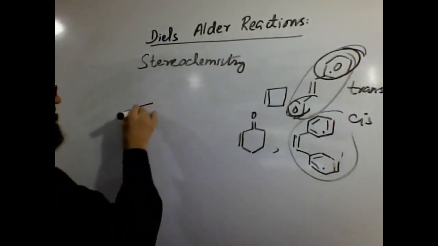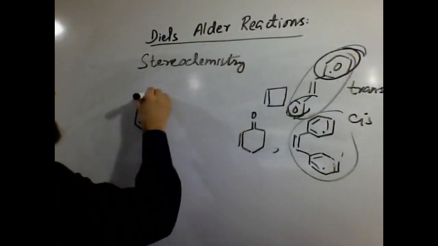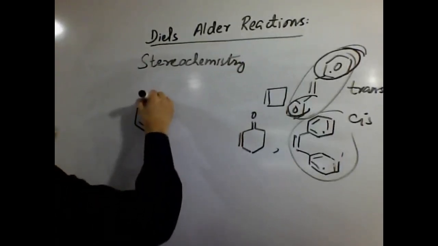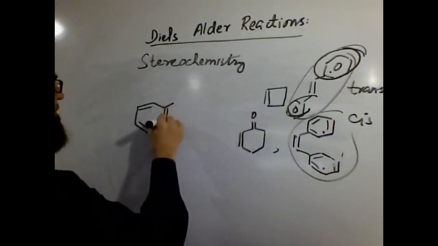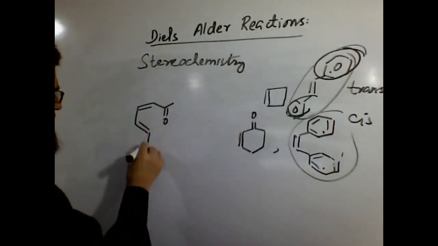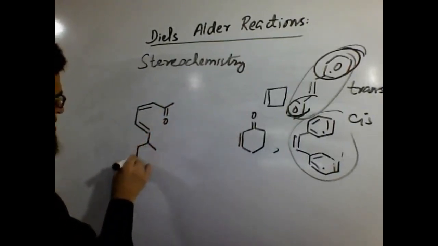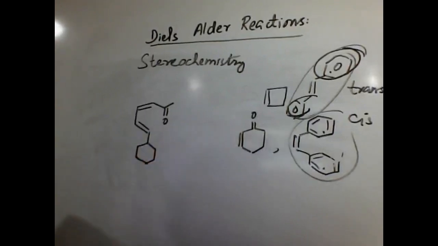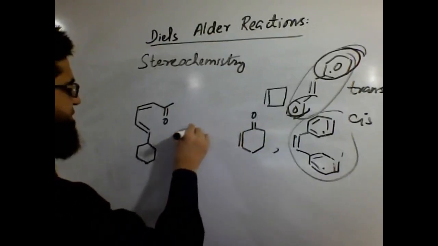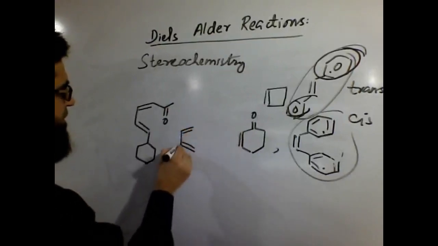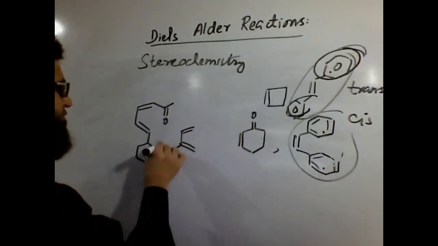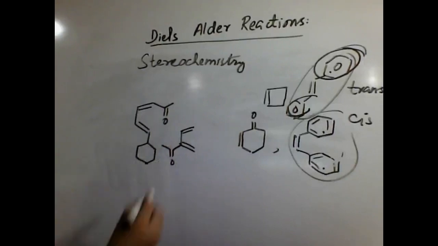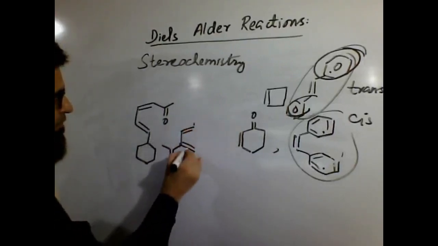Let's say, yes, it could also carry some sort of substituents. It can have an aldehyde functionality, it could have a ketonic functionality, it could have simple cyclic rings, or let's say you have another diene over here, carbon number 1, 2, 3, it has some sort of functionality, no problems, unless you have one double bond and two double bonds.